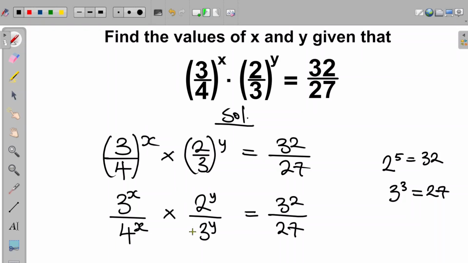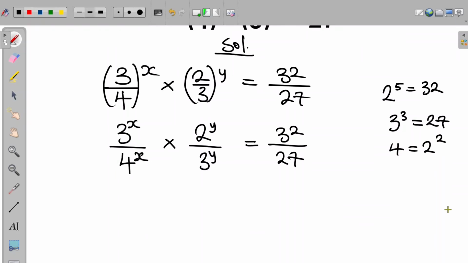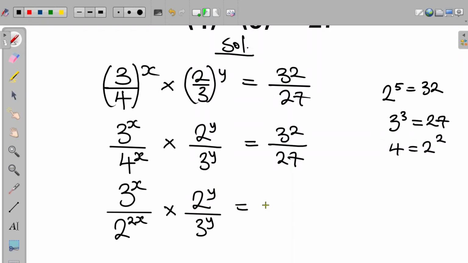Now 4 also can be expressed as 2^2. Thus, we have 3^x divided by 2^(2x) times 2^y divided by 3^y equal to 2^5 divided by 3^3.